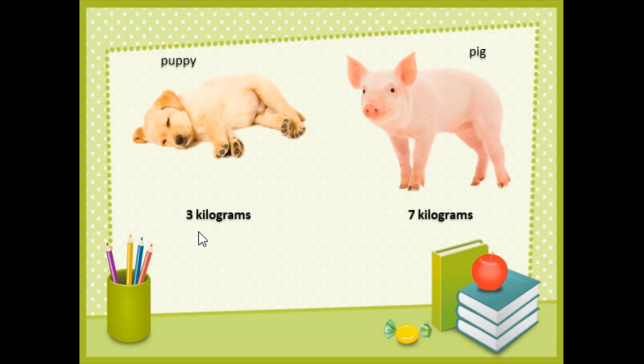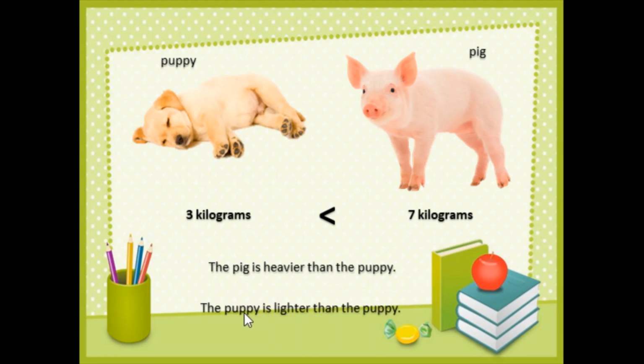Good job. 3 kilograms is smaller than 7 kilograms, which means our symbol for this one is less than. 3 kilograms is less than 7 kilograms. So we can also say the pig is heavier than the puppy. Or the puppy is lighter than the pig.